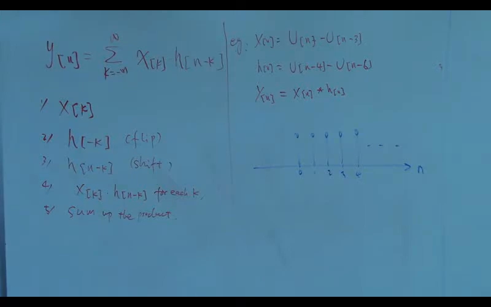This one is u[n]. This one minus this. How many spikes? How about when n equals 0?